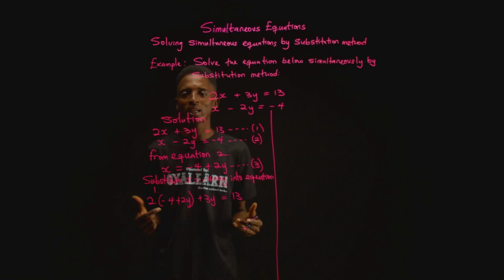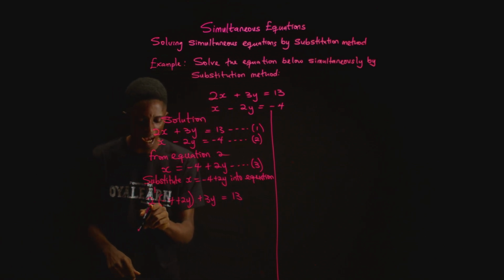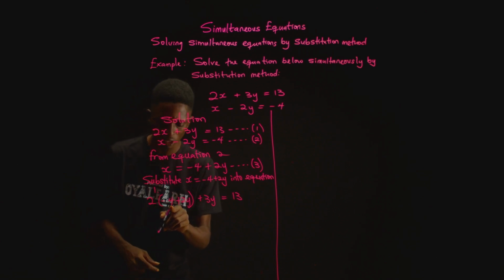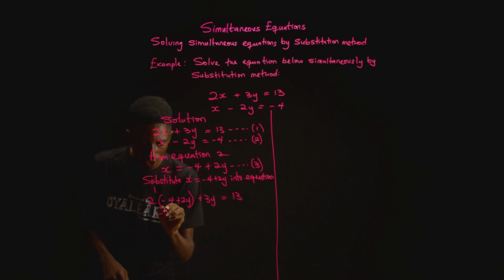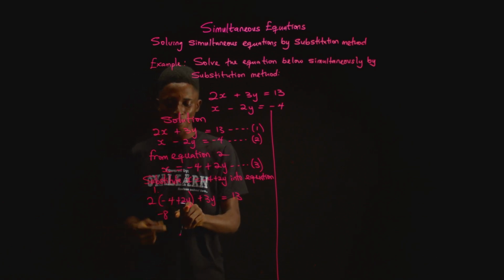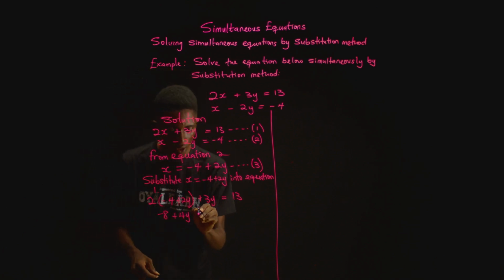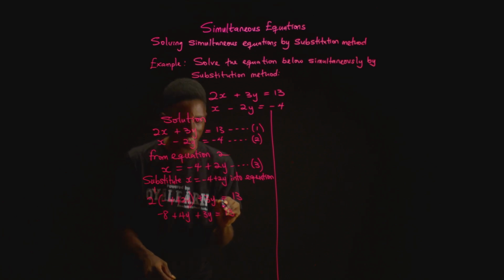Now let's solve this so we can get the value of y. To open this bracket, we'll have 2 multiplied by minus 4, and that will give us minus 8. And then 2 multiplied by plus 2y will give us plus 4y. And then the rest of the equation, we have plus 3y equals 13.